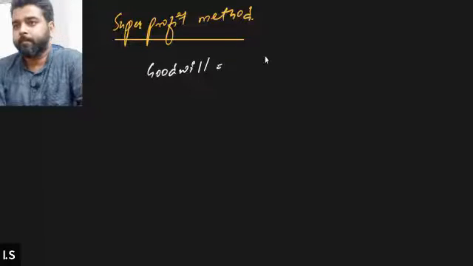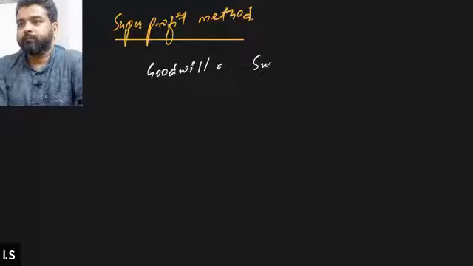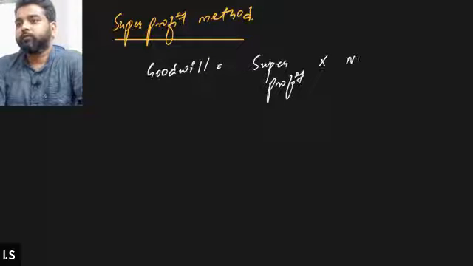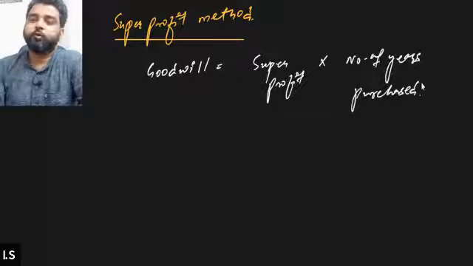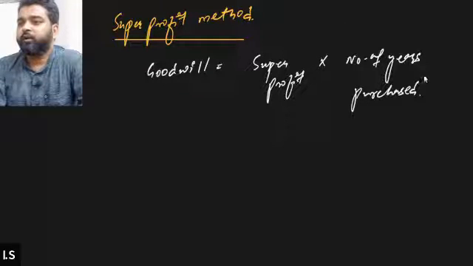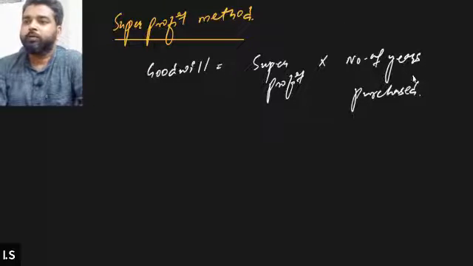Goodwill equals super profit multiplied with the number of years purchased. This is the formula. I'm sure that you already know what the number of years purchased is.